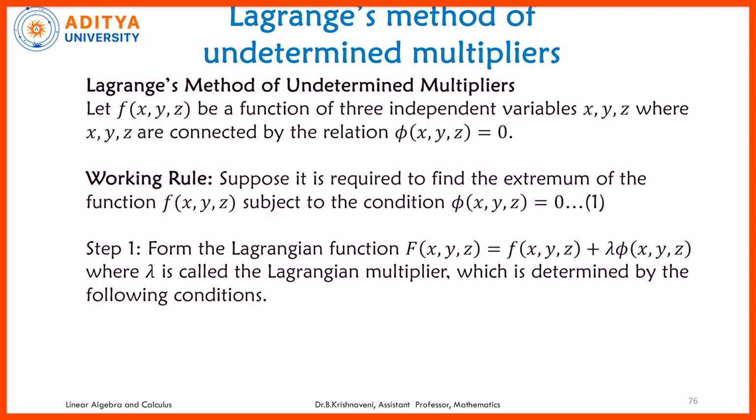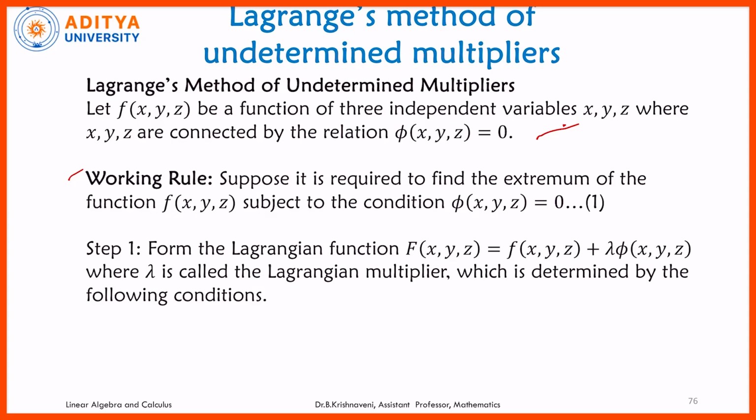Let us consider f of xyz be a function of three independent variables x, y, z, where x, y, z are connected by the relation phi of x, y, z is equal to 0. Now, let us discuss the working rule of this method by which we can find the extremum of the given function.